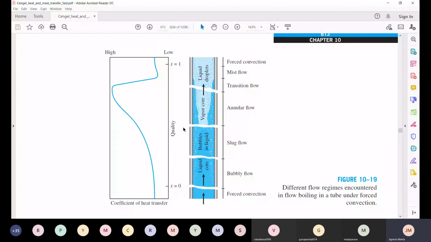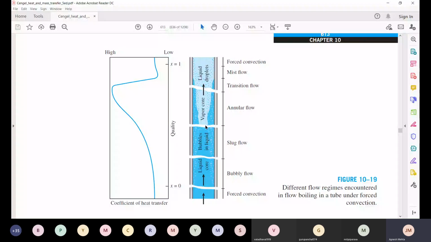Now, what is annular flow? The vapor fraction is high enough, and that vapor is making the core of the tube, and you have liquid as a film which is surrounding the boundary, which is in contact with the surface. And bubble generation and detachment of the bubble, and then that vapor merging with the vapor core is continuously happening.